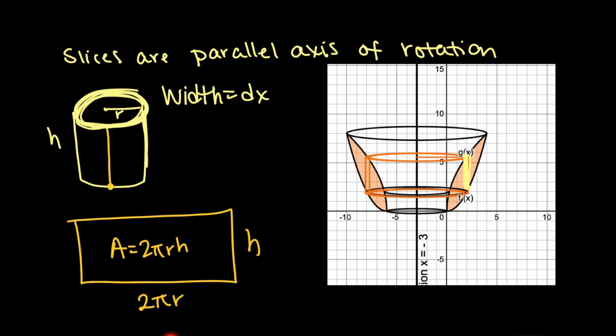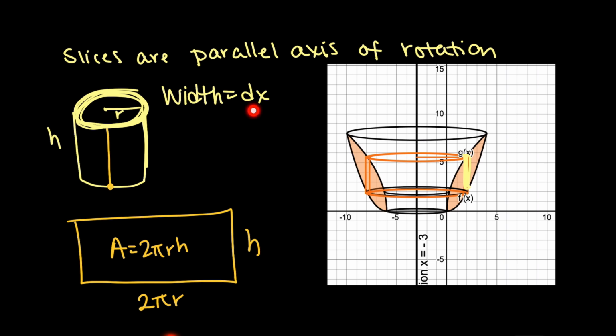So the lateral surface area of our cylinder, the area of the sides, is going to be 2 pi r times h.